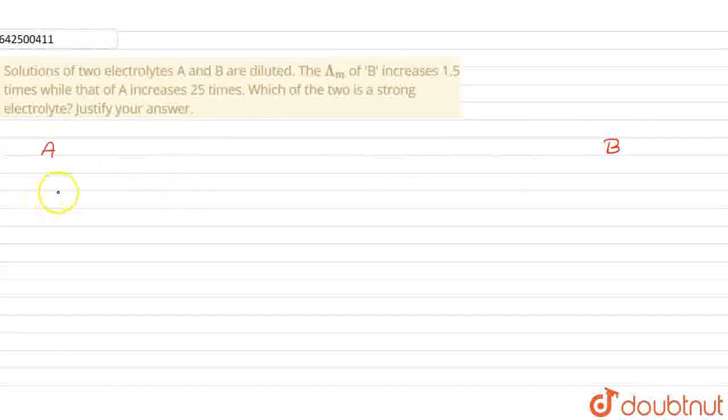Now, it has been said that lambda m, what is lambda m? It's molar conductivity. So the very first question which arises in our mind is, what is molar conductivity?